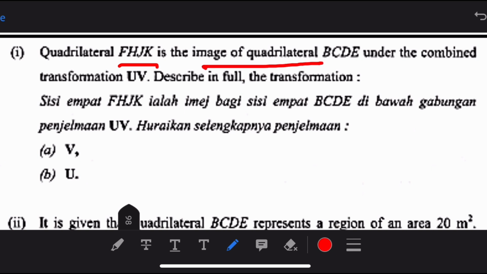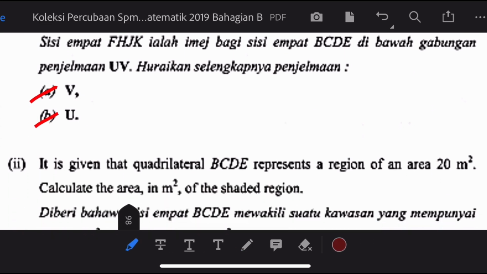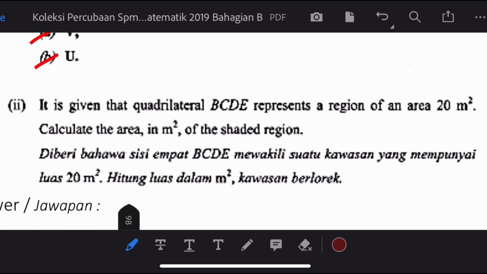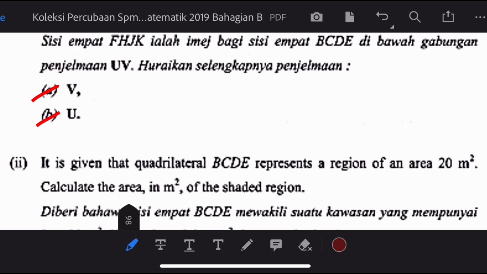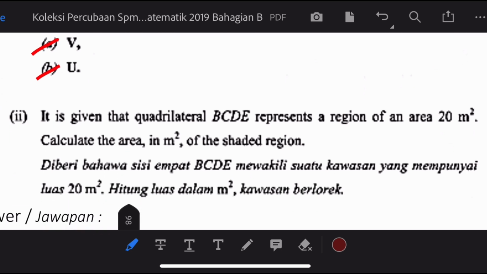So FHJK is the image, and BCDE, of course, is the object, because the question says FHJK is the image of quadrilateral BCDE under a combined transformation UV. You are asked to write down what transformation V is, followed by what transformation U is. You have to describe it in a sentence. I leave it for you to try.